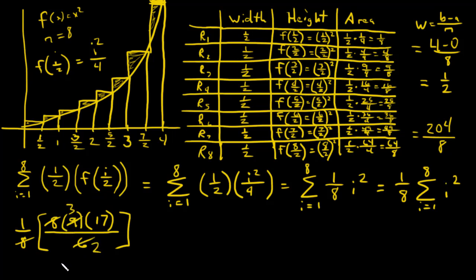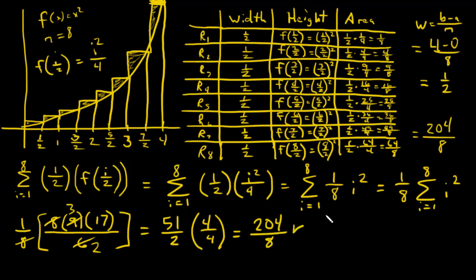And I wind up with 51 over 2, which if I multiply by 4 over 4, I get 204 over 8. The exact same thing we had up here. Which one would have been easier to do? Making all this chart, adding all the fractions, or using the sigma notation? Yeah, by a mile, sigma notation.